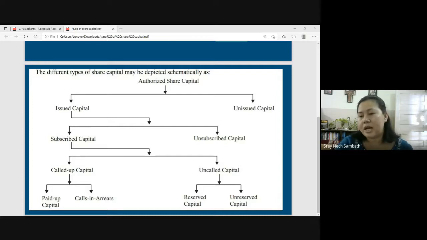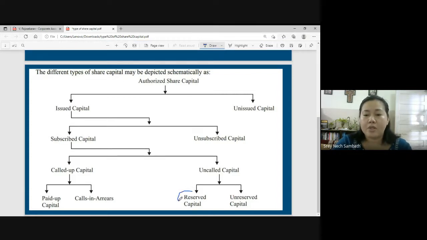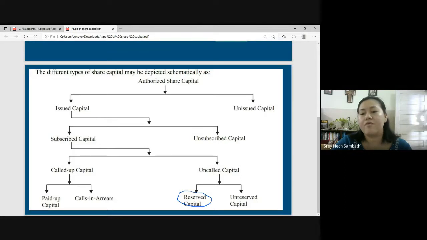It means till the time they want to wind up the company. And this portion will become and be called the reserve capital.